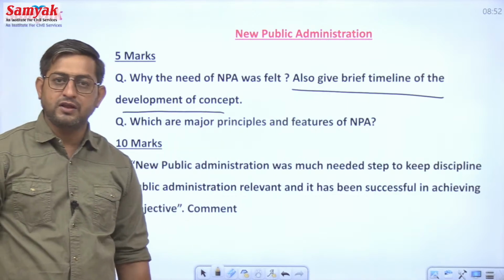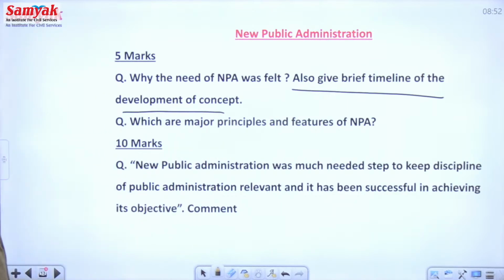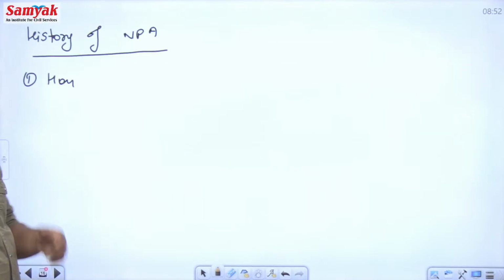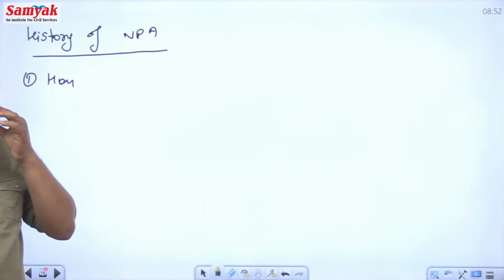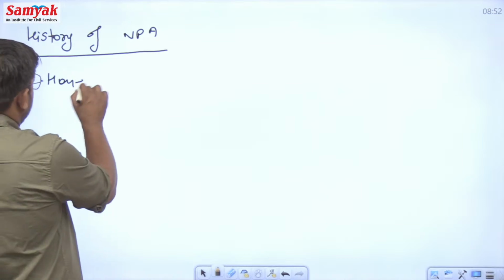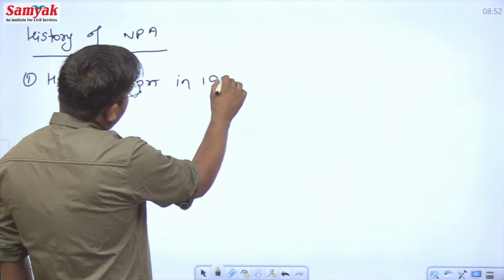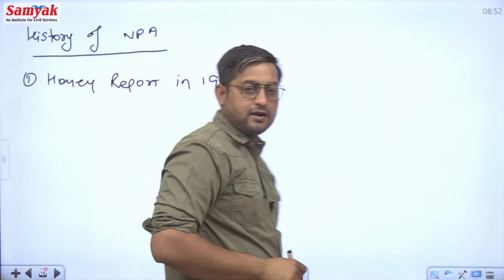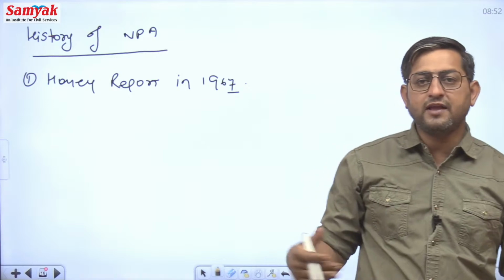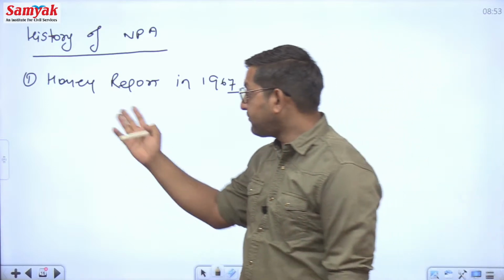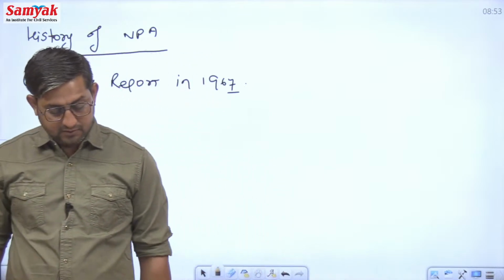So there was Honey report in 1967. अब when the brief timeline, अगर brief timeline जो है किसी क्वेश्चन के साथ में ही पूछी जाए तो obviously we will not be able to give more space to the timeline. तो आप simply इतना लिखकर छोड़ सकते हैं.